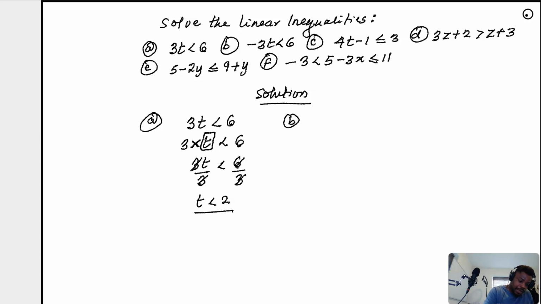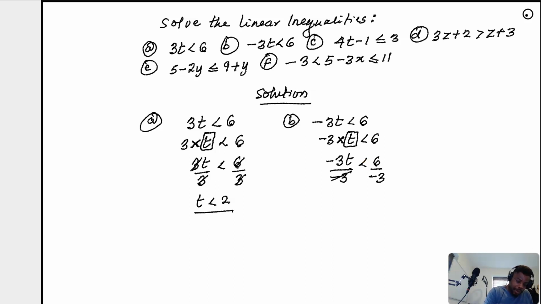Now let's check B. Minus 3t less than 6. Here, minus 3 is multiplying t, less than 6. For me to have only t here, I have to do the opposite of multiplication, which is division. But in this case, I'm dividing both sides by minus 3.